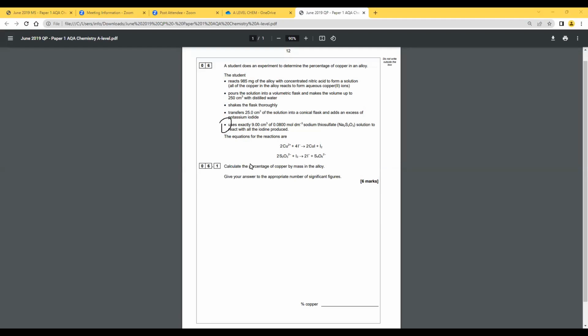They use exactly 9 centimeters cubed of 0.08 moles per decimeter cubed of sodium thiosulfate solution to react with all the iodine produced. So we can use our equation, which is moles is concentration times volume, and find the moles of sodium thiosulfate for this reaction. So I'll write it like this.